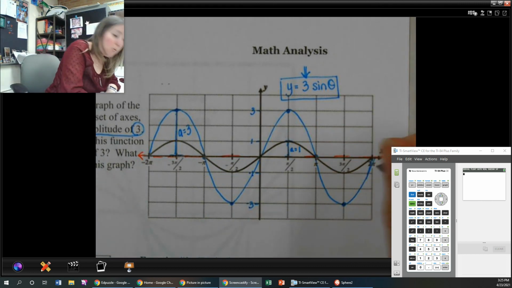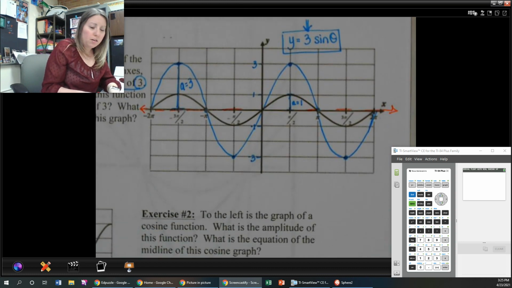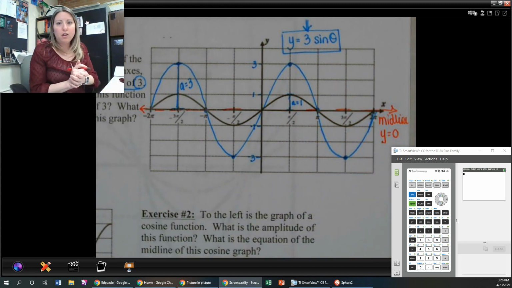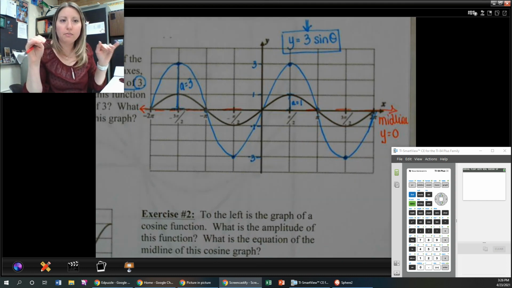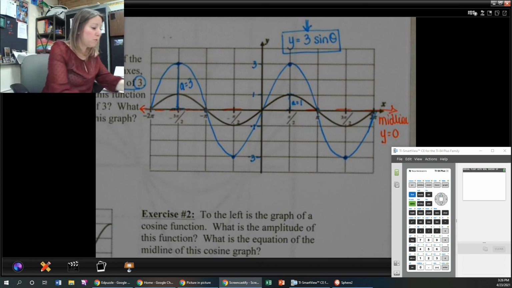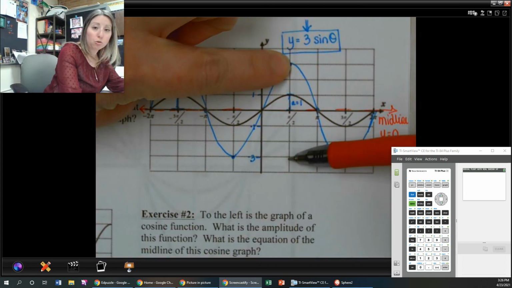But I just want to point out that the amplitude is always how far up and how far down are we from the midline. And the midline is usually something to easily eyeball. If you can't easily eyeball it, what you can do is just count from a max point down to where a minimum point is and divide it by 2.